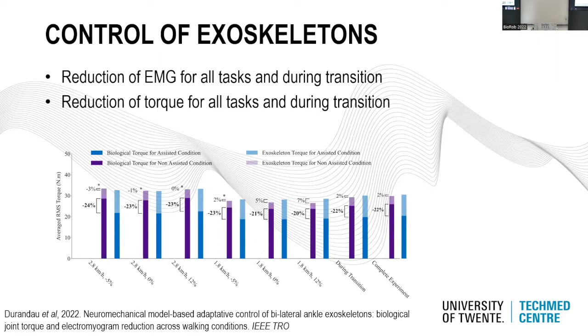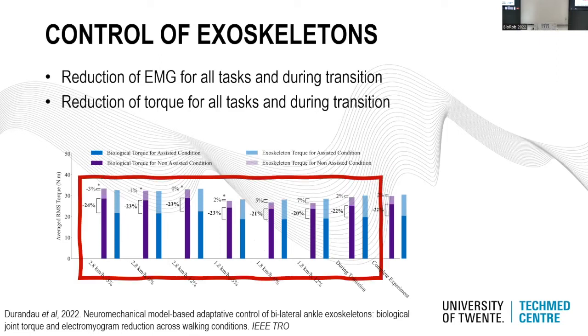We also have the same effects on joint torque, so we were also able to reduce biological joint torque. So here in darker shade, biological joint torque for all tasks, also during the transition.